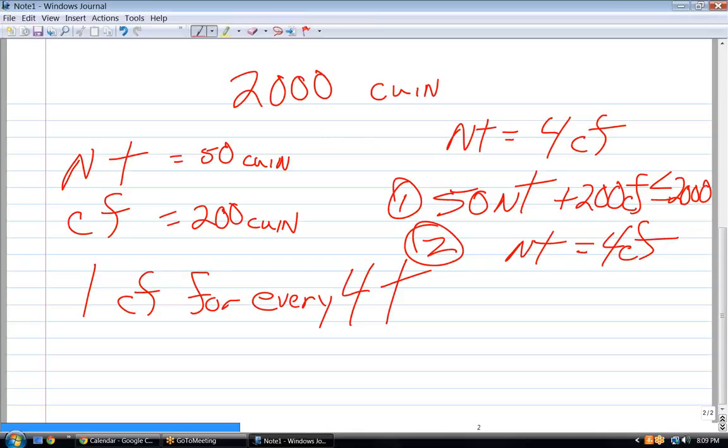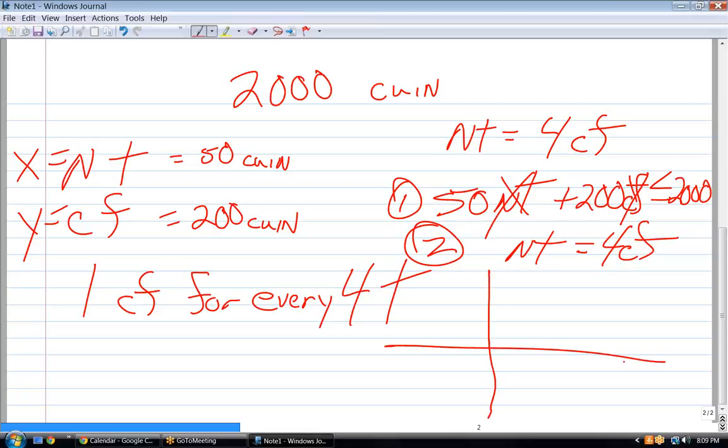So the amount of fish, we let that equal x, and this equal y. Then we have 50x plus 200y is less than or equal to 2,000. Let's graph this first, and I think the objective function might come to us if we look at a graph of this.